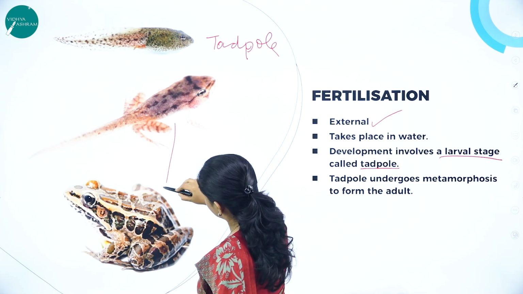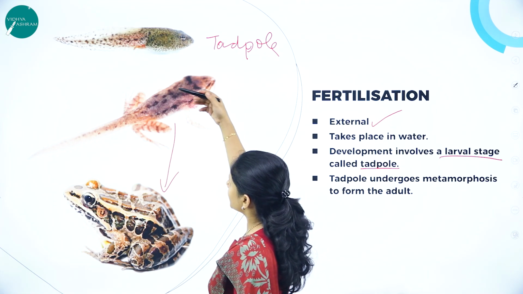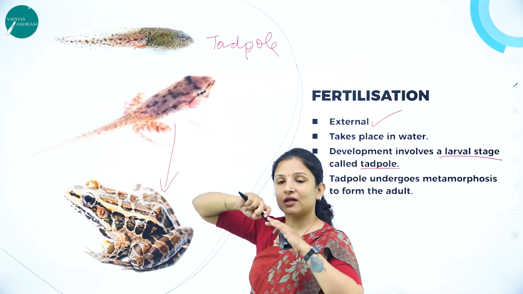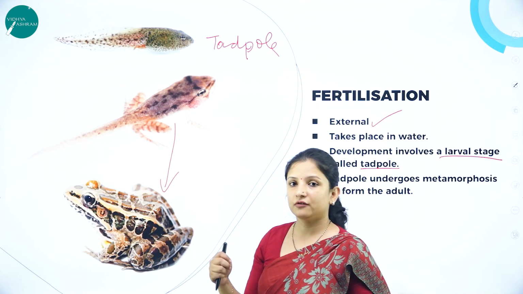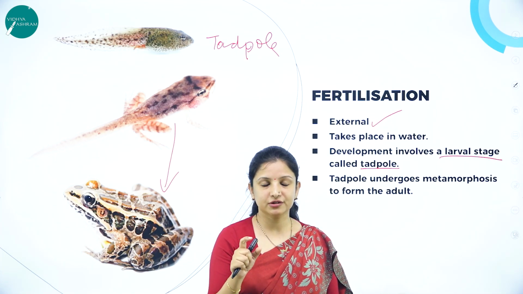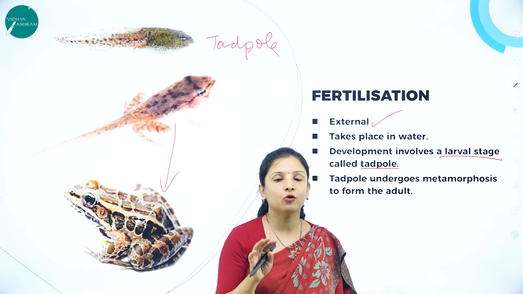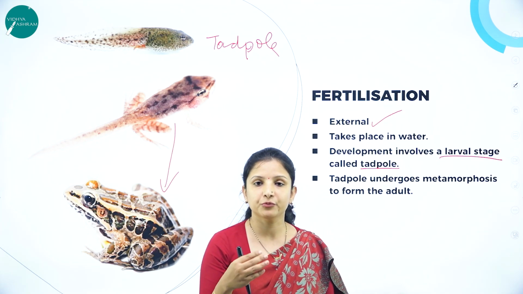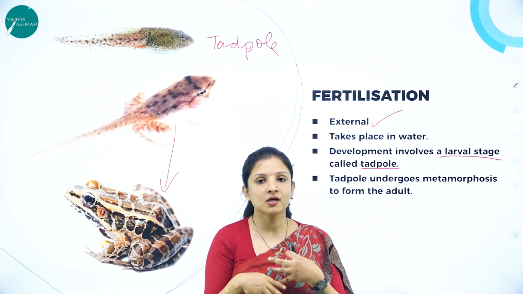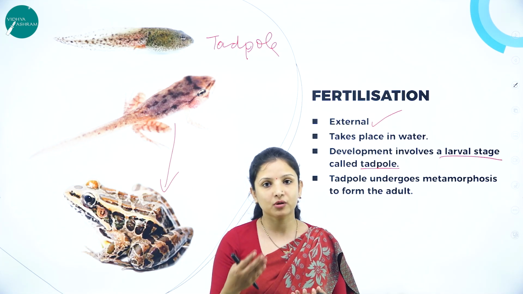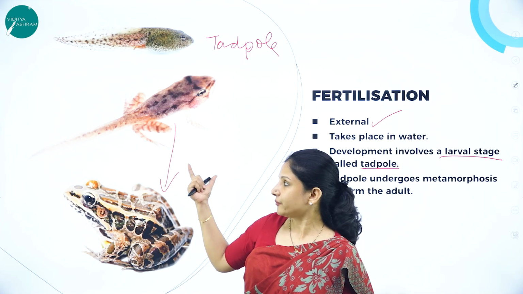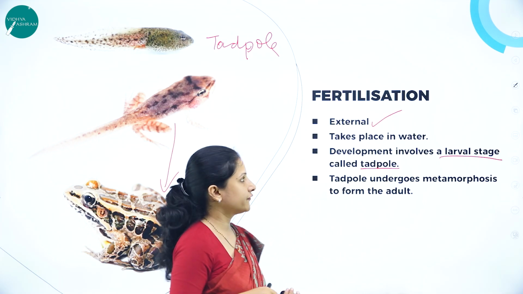Then this develops into the adult frog, completely changing into an adult frog. That process is called metamorphosis. Like how butterflies go from larvae, pupae and all that, and metamorphose into a completely different organism, a butterfly. In the same way, the tadpole metamorphoses into a frog.